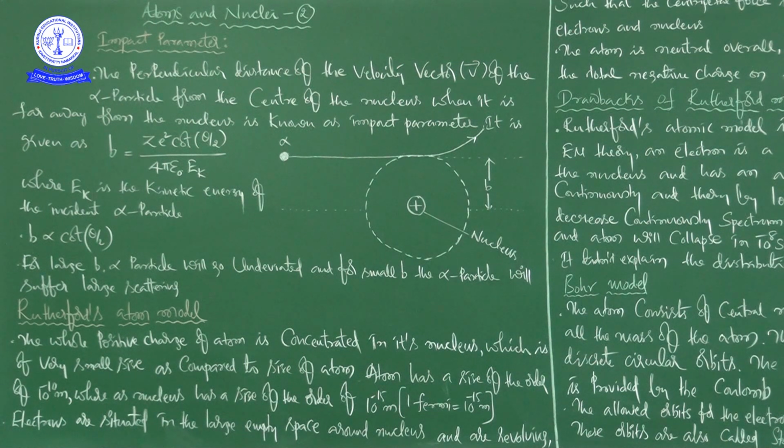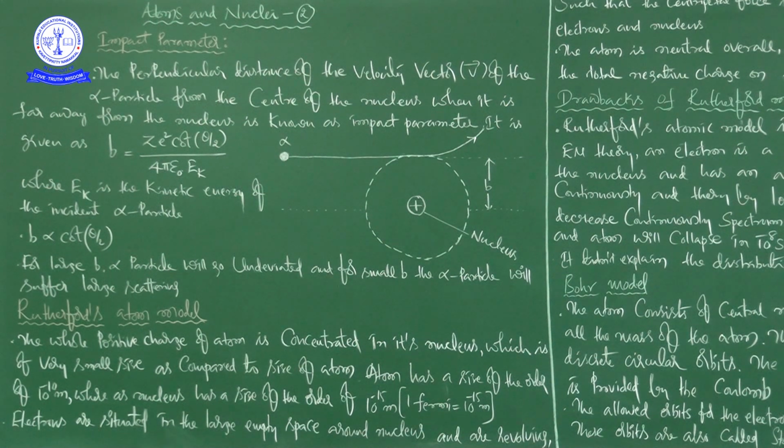Suppose, for example, you apply this to the alpha particle when it is coming along this path. In yesterday's class I drew one picture. From that picture, the alpha particle coming in this position will get 180 degrees deflection.